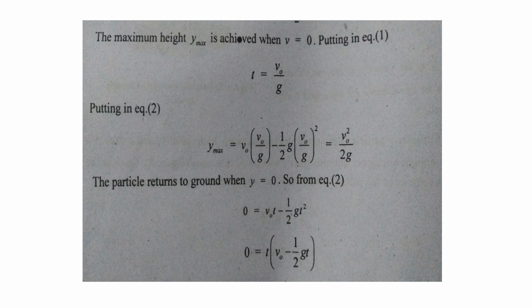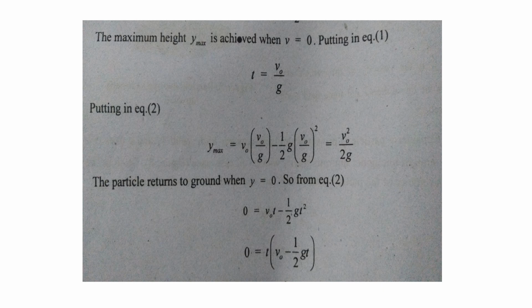y maximum is equal to v naught square over g minus 1 over 2 g into v naught square over g square. Cancelling one g in the second term, we are left with v naught square over g minus 1 over 2 v naught square over g, and taking v naught square over g common, we are left with 1 minus 1 over 2, and that is 1 by 2.